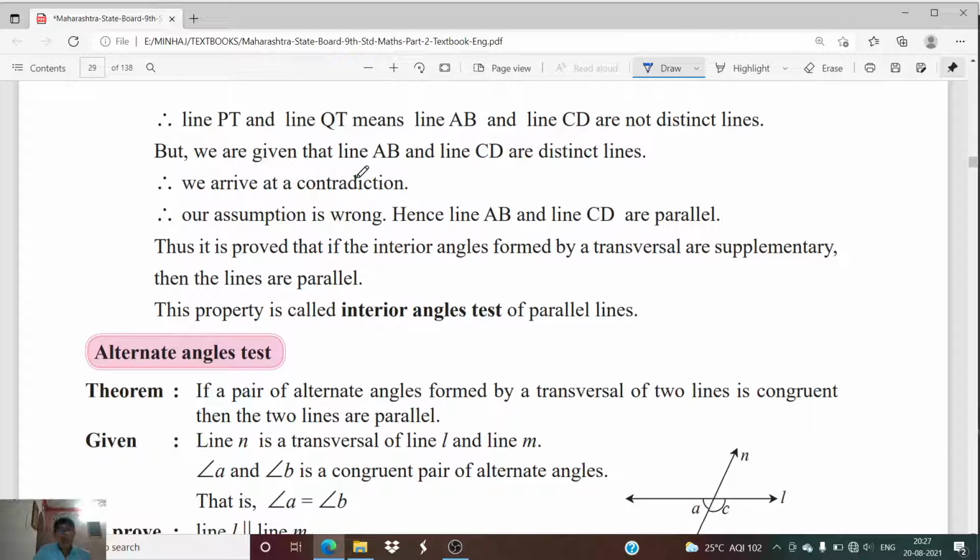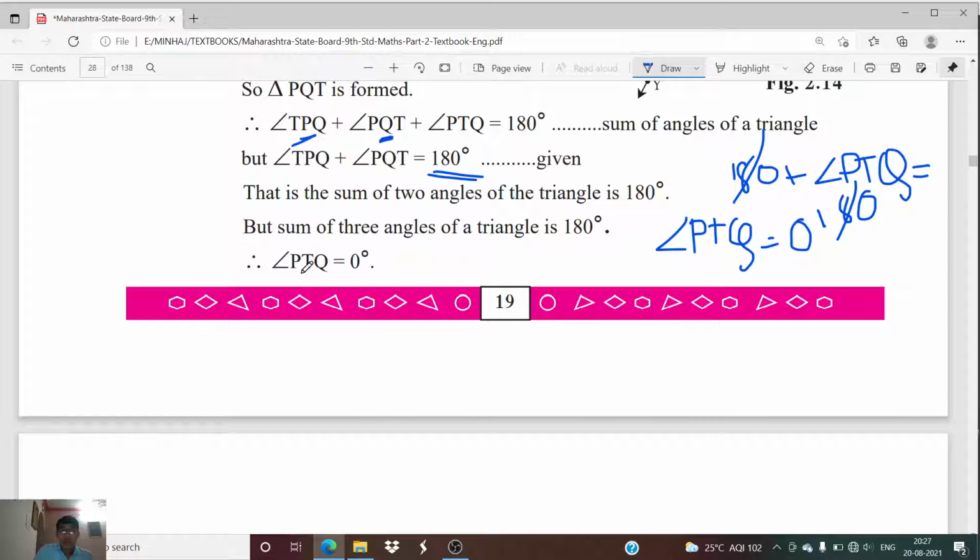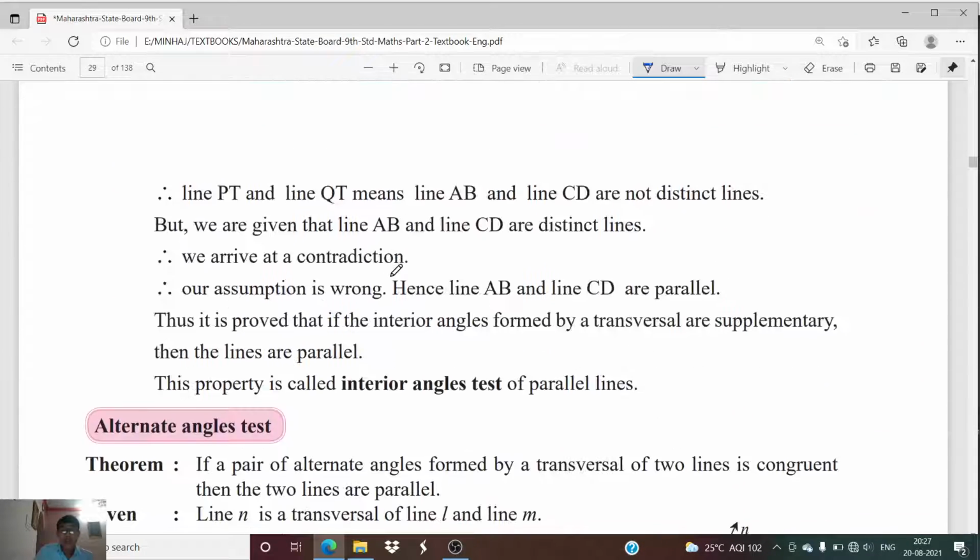But our assumption was that they are distinct lines and they are going to intersect each other. But after getting angle PTQ equal to 0, our assumption has been proved wrong. So we can write that line AB and line CD are parallel to each other.